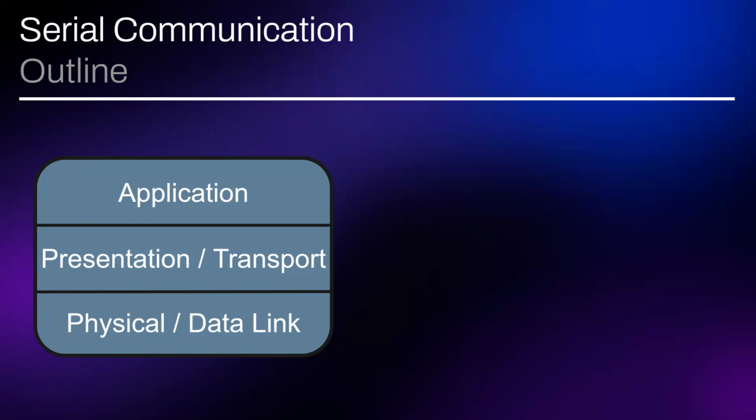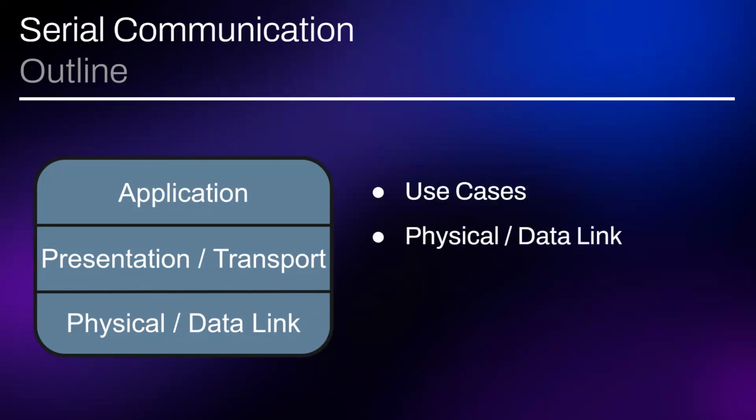All right, so what are we going to be talking about here? So this is a device, and the first thing we'll be talking about is use cases, like what do we use serial communications for? Cover that. And then this terminology, the data link, the physical, the presentation, and the transport, these all come out of what's called the OSI 7-layer model, which is something that you probably want to look up on Wikipedia or something, get a high-level view of it.